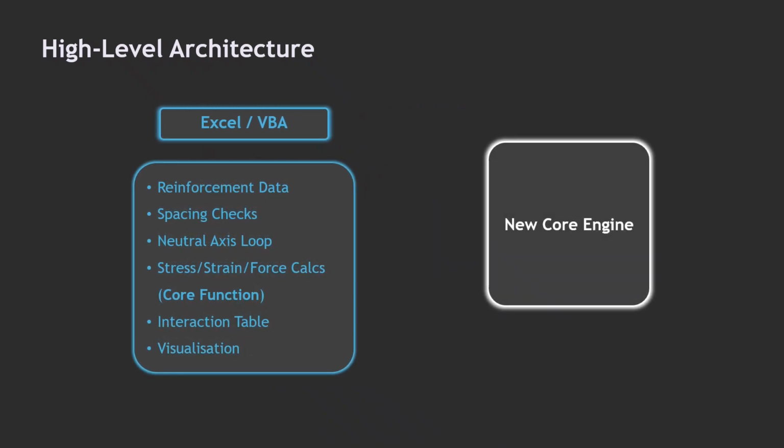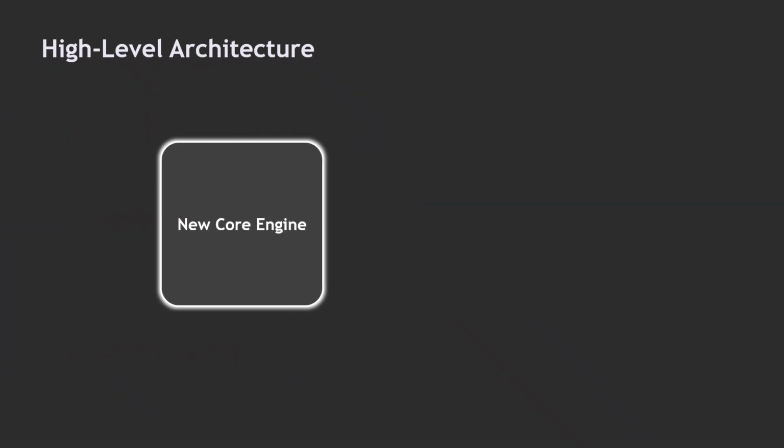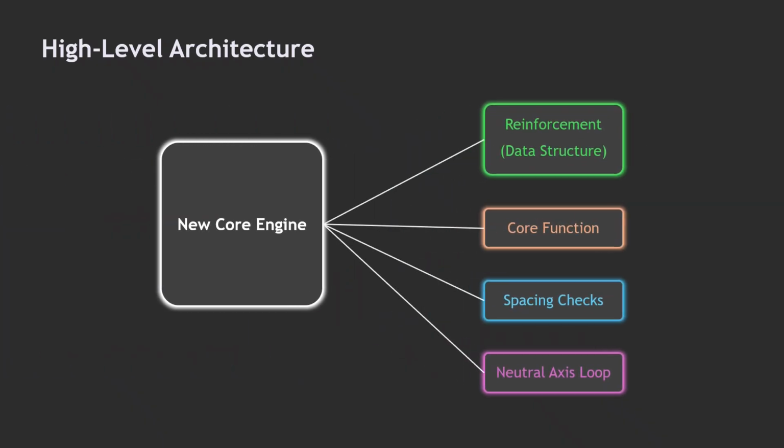So we will build a new core engine with the following components. We will have the reinforcement, which is a proper data structure to represent the reinforcement layout and properties. Again, the core function, which will contain the stress-strain calculations, the axial moment interaction calcs, and other supporting engineering logic.